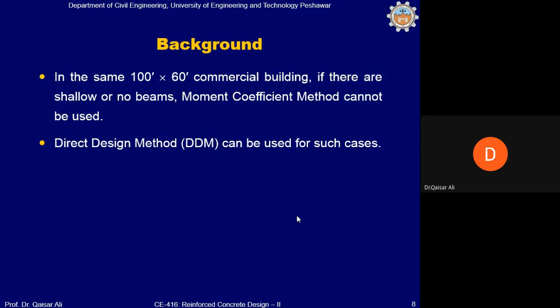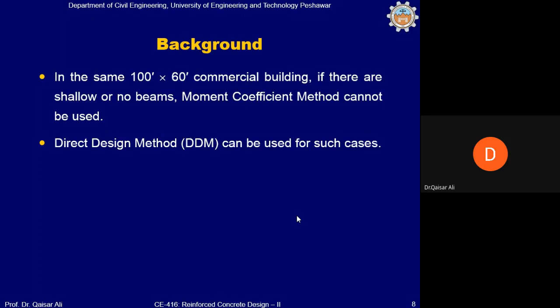And this condition is due to the reason that if beams are stiff, then the slab movement, the slab deflection, is restricted or minimized at that location. If beams are not stiff, which means that if they are not deep enough, then the deflection will not be minimized at that location. The slab will deflect at that location, and the basic assumption of the moment coefficient method will be violated, and therefore moment coefficient method will not be applicable.